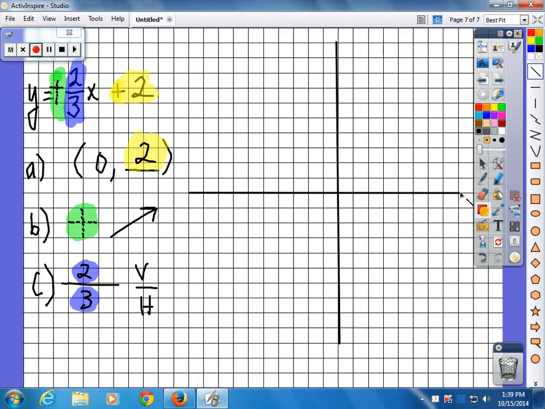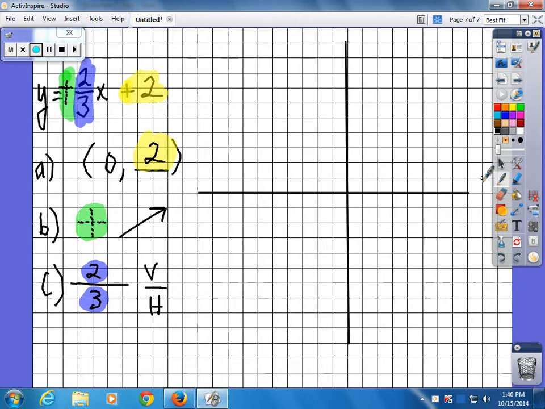Now, what's my first thing I do? Plot the what? Y-intercept. So I'm going to take a yellow marker and put my y-intercept at 0, 2. There it is. Now, that's done.